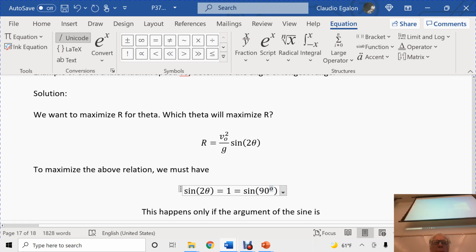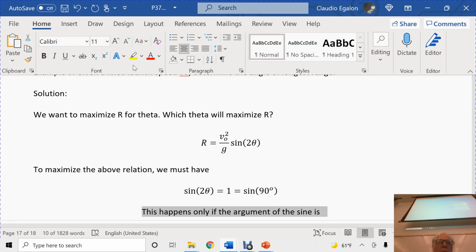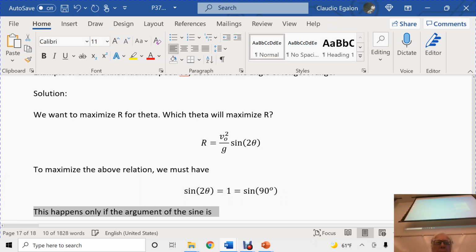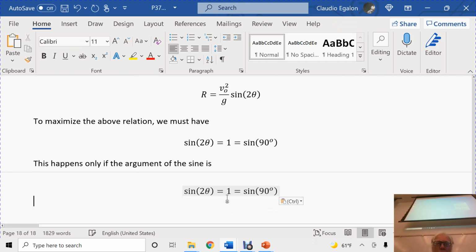You knew that's how you maximize sine of 2 theta, and it is 1. And 1 can also be written as sine of 90 degrees. Now that you know that sine of 90 degrees is equal to 1, which must be equal to sine of 2 theta, you can solve your problem more easily without making a mistake. That's the relation that you have.